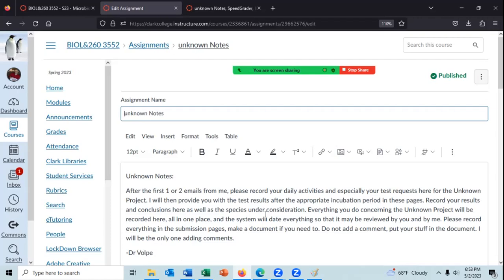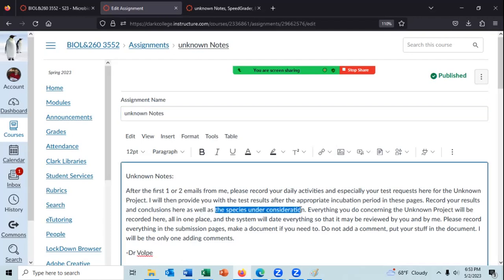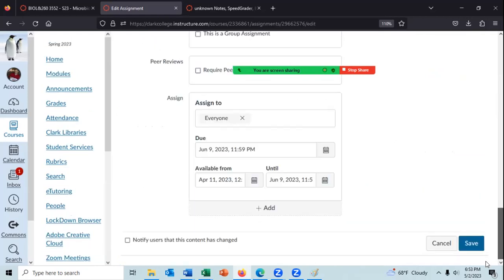The unknown notes page can be informal. Oh, there, I got it right there. I just didn't see it. The species under consideration. I was going in there to add that because I didn't see it, but now I found it.